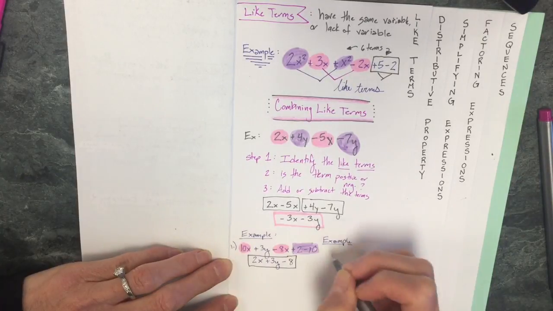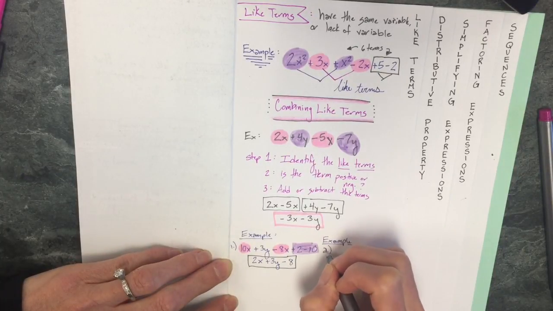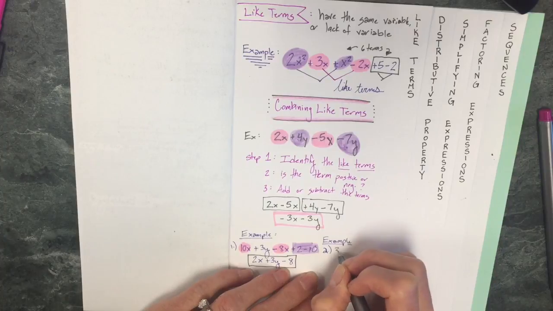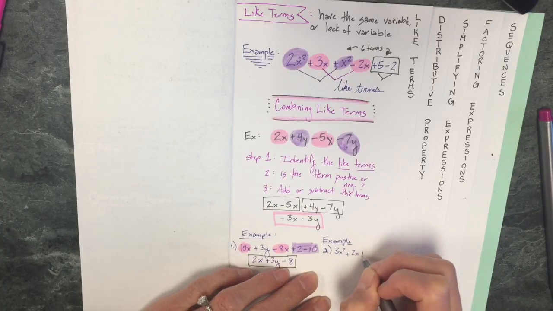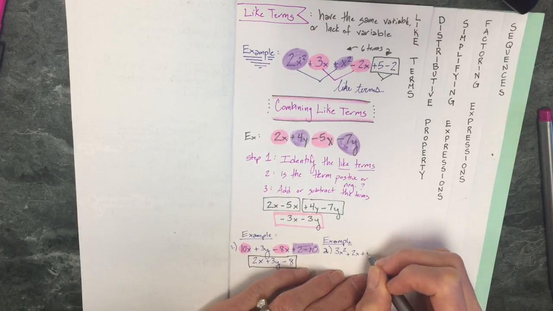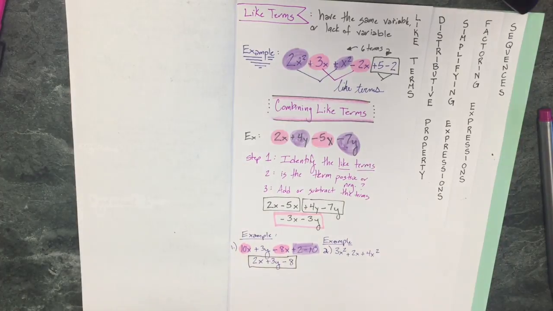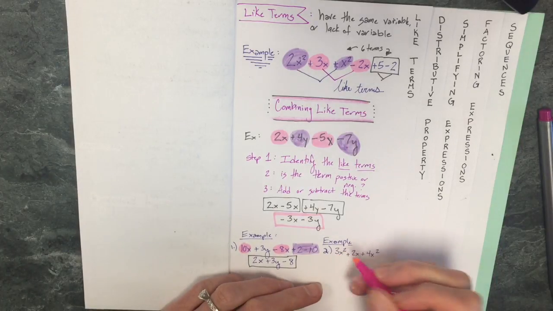So here's the second one. 3x squared plus 2x plus 4x squared. All right, I'm going to identify my like terms, and I see that this is 3x squared.